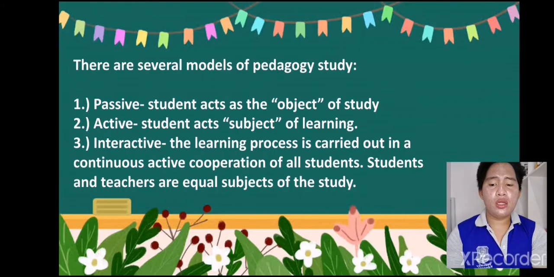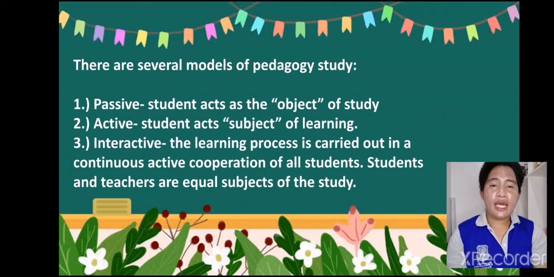Formation of the young specialist takes place in university classrooms, a time-consuming process of training based on the methods of teaching effectiveness that ultimately determines the skill level of the future specialist. So there are several models of pedagogy study. First, we have passive. The student acts as the object of study, so it could be listening and watching.